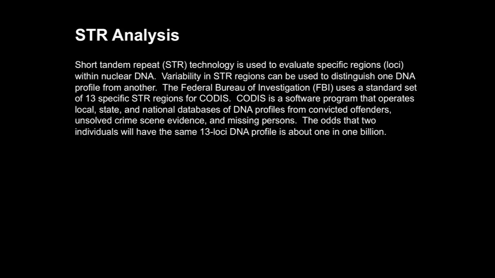I want to clarify that when forensic analysis is conducted, we are not searching for genes, that would be coding regions for proteins, but rather anomalies associated with short tandem repeats. And the FBI uses a standard set of 13 of these short tandem repeats that occur throughout different chromosomes in the human, represented for the CODIS, which is a software program which operates local, statewide, and national databases.